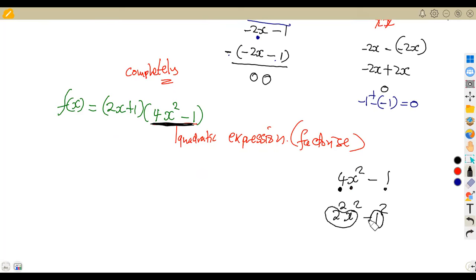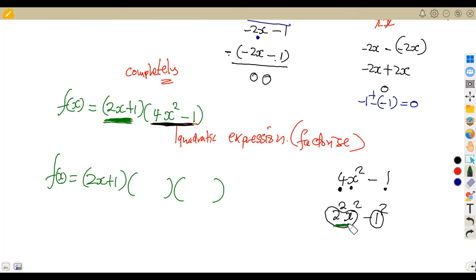So f of x is equal to 2x plus 1 times the two brackets from our difference of two squares.